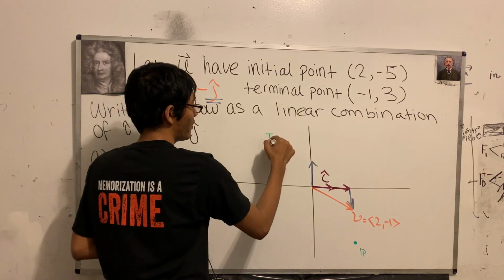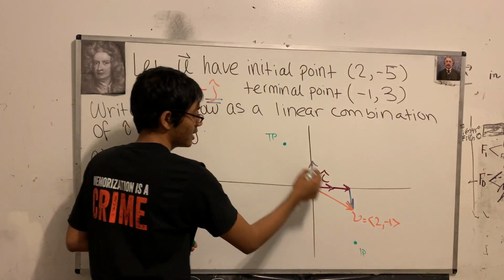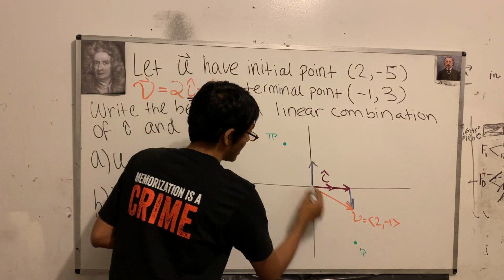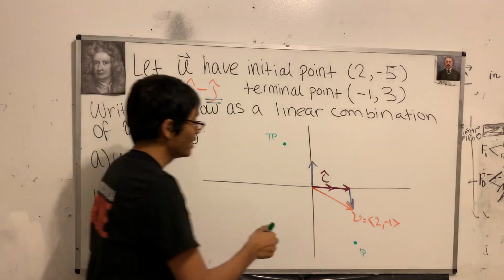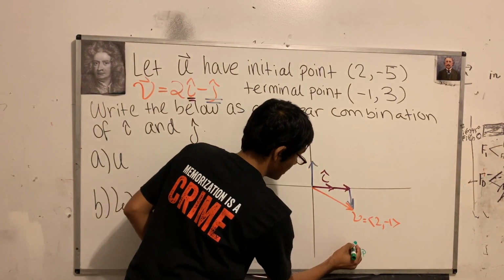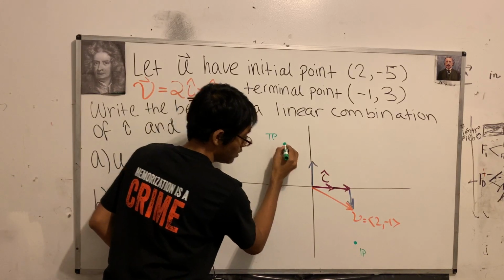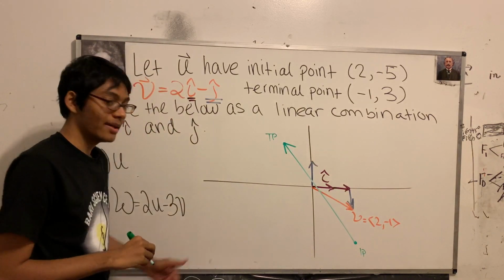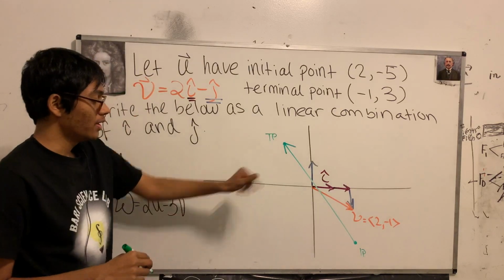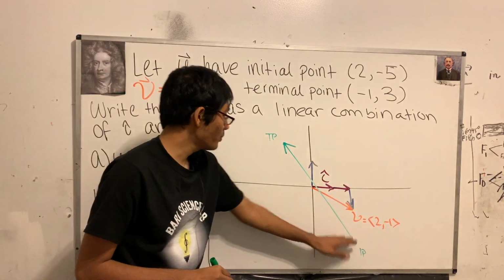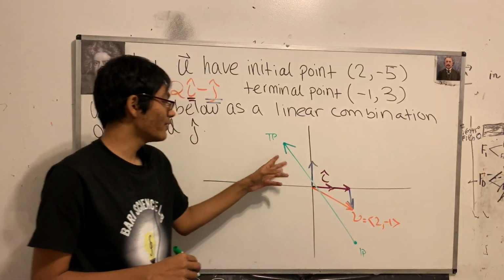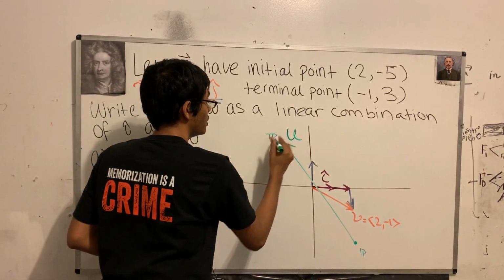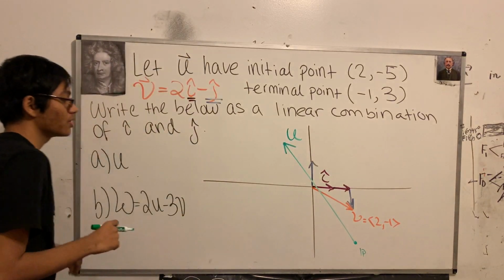So here's where my vector ends, here's where it starts, and we're just gonna kind of draw it. Let's see if I can get this right. Okay. Wow, that is proof that I am good. So what I did was I had my initial point and terminal point, I connected my vector, and this is going to be my vector u. Okay, so far so good.